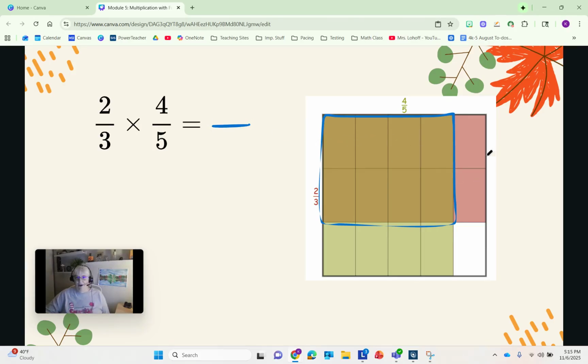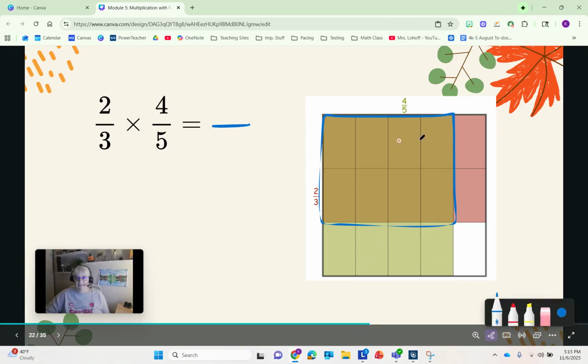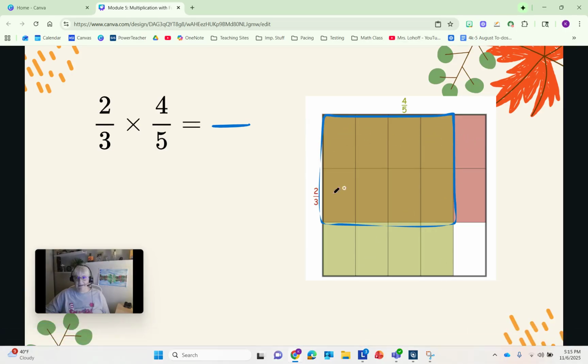And if I count all of the squares in the entire thing, I have 5 here. So it's 5, 10, 15, right? If I count them all, 1, 2, 3, 4, 5, 6, 7, 8, 9, 10, 11, 12, 13, 14, 15. This entire box has a total of 15 squares.